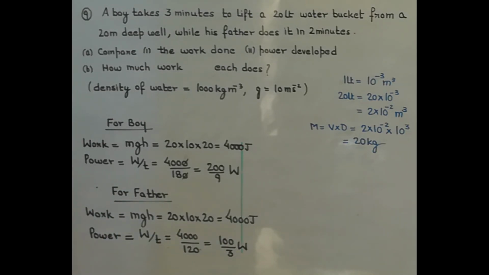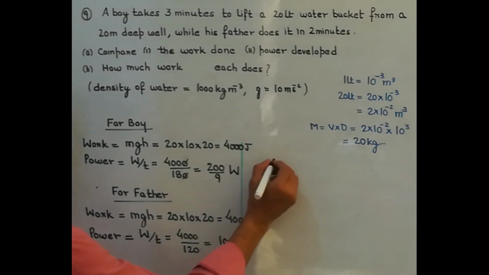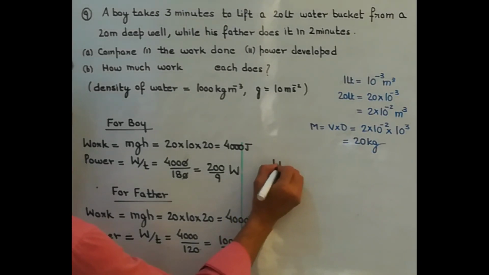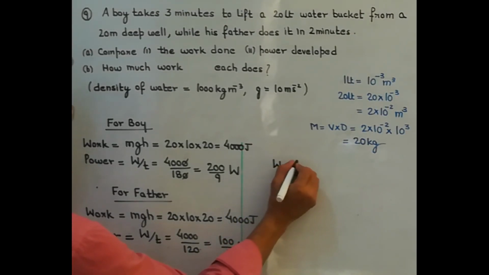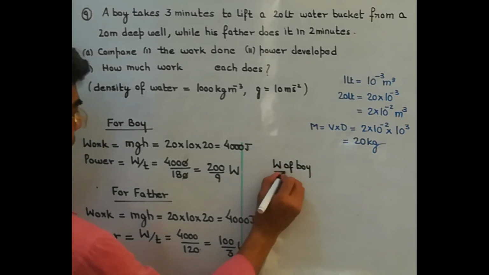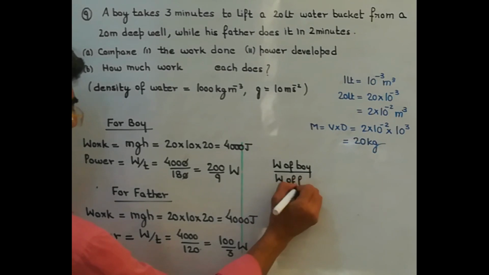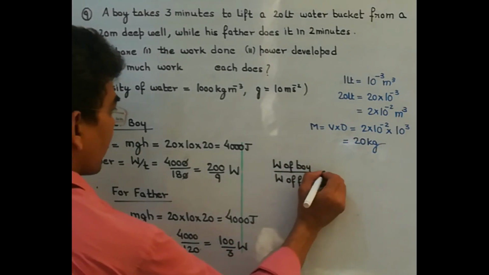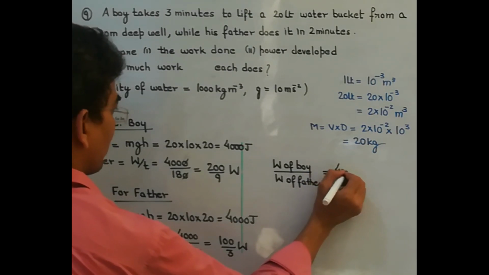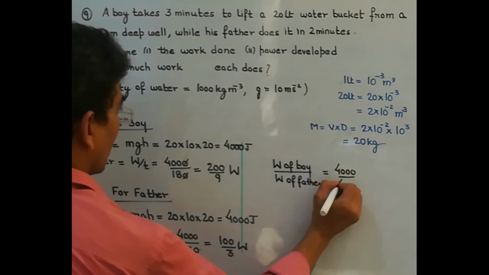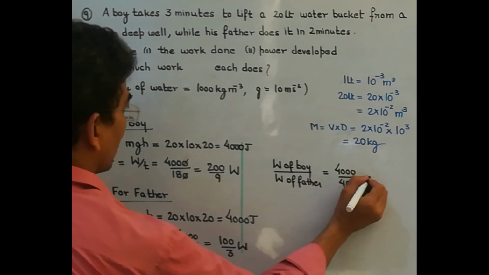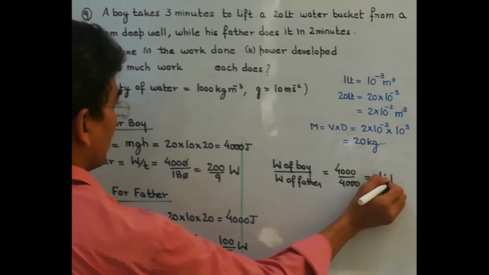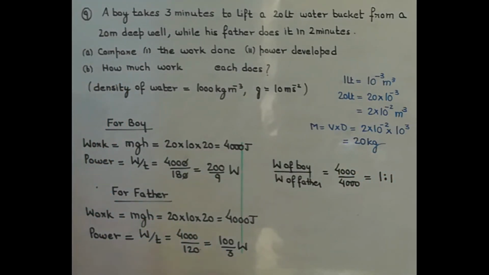Now we have to compare. So work of boy compared with work of father, the ratio will be 1:1.